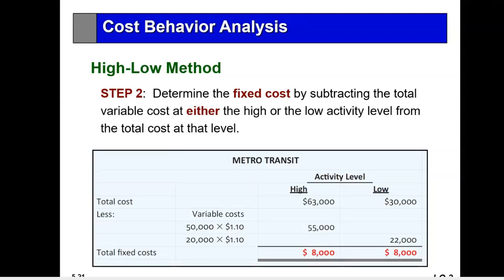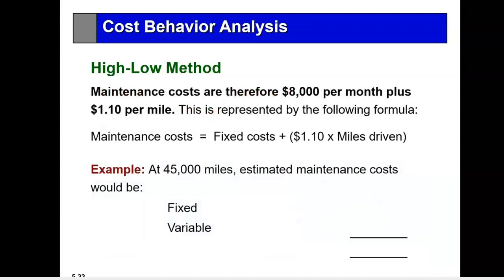And so we break it into the fixed and the variable. Maintenance costs, therefore, are 8,000 per month plus $1.10 per mile. So we can estimate the maintenance costs: 8,000 plus $1.10 for every mile driven.